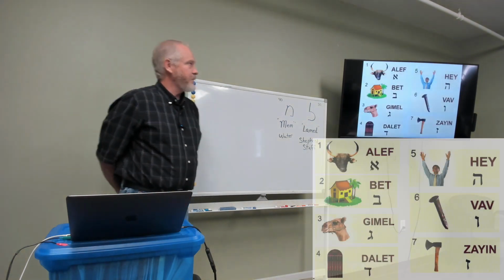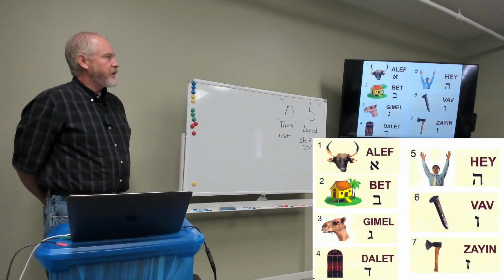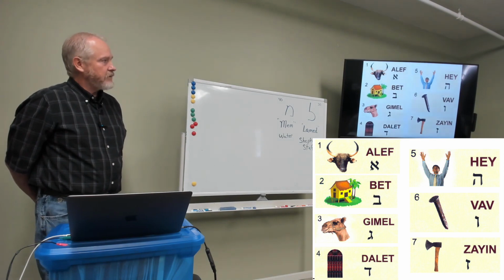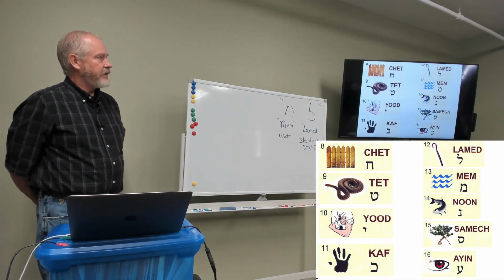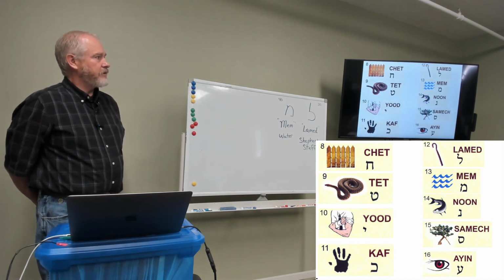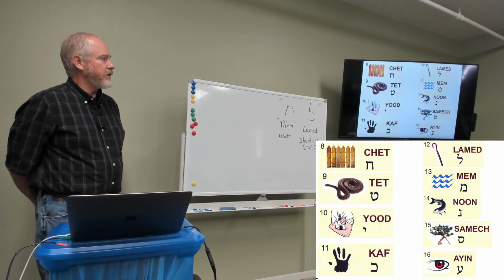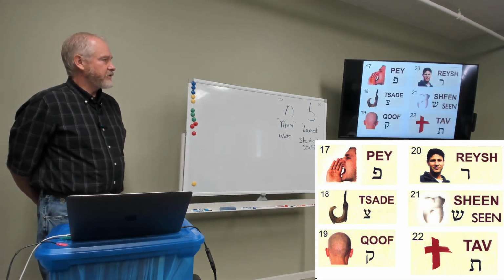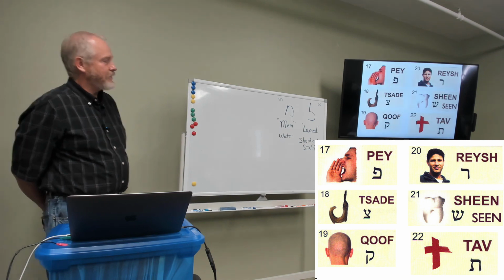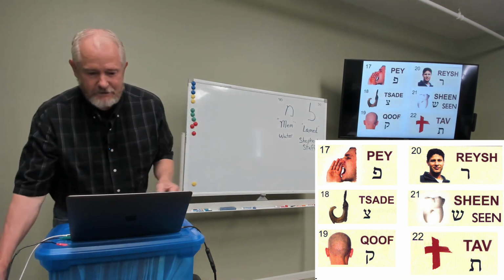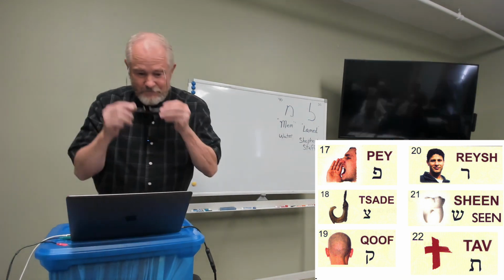Okay, one more time. Alef, Bet, Gimel, Dalet, Hey, Vav, Zayin, Het, Tet, Yud, Kaf, Lamed, Mem, Nun, Samek, Ayin, Pe, Sadi, Kuf, Resh, Shin, Sin, Tav. Awesome.